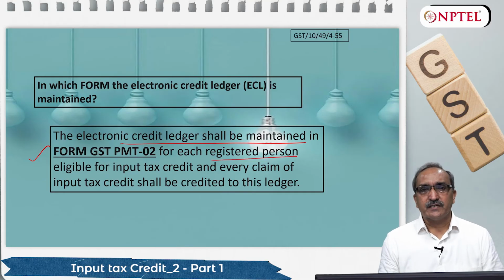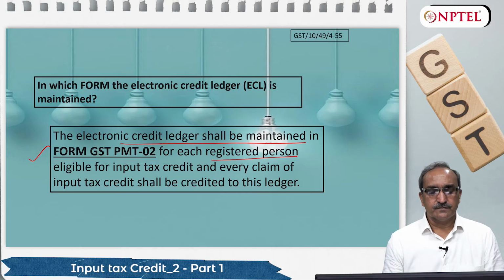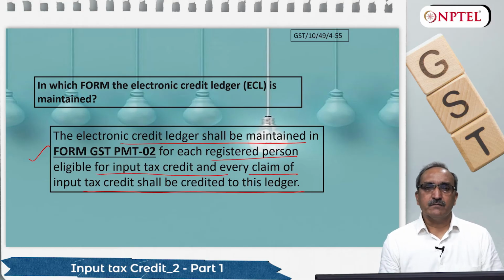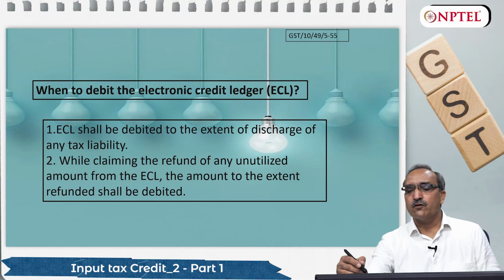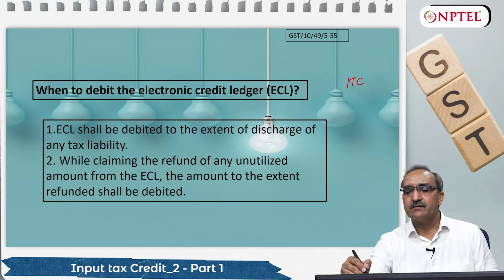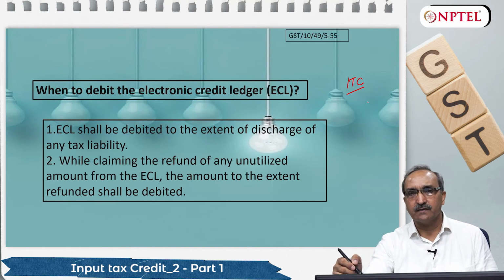And it is to be maintained by each registered person at the GST portal. Whatever credit is available to him will be credited to this ledger so that he can use this ITC benefit against his output liability. So friends, so far we know that ITC is a benefit to any businessman for the taxes already paid by him to his supplier.